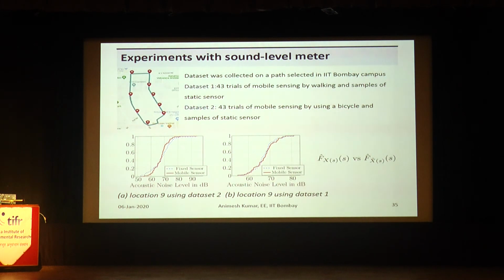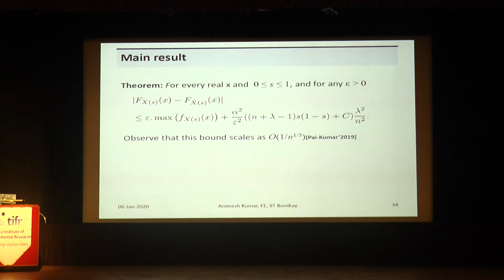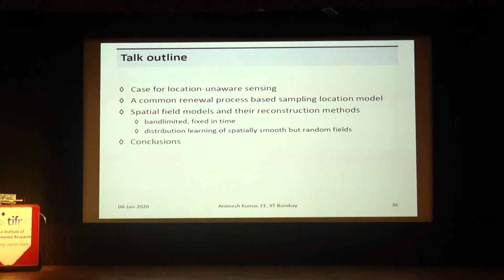When she uses a cycle, the effective spatial sampling rate is lower. If we see the first graph here, comparing the distribution learned by a fixed sensor somewhere in the middle of the path, there is a loose agreement when she is using a bicycle, and that agreement gets better when she is walking, where we have a higher sampling rate. So that indicates that maybe the sampling rate has a role to play.